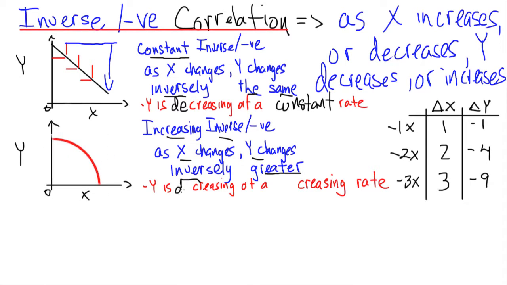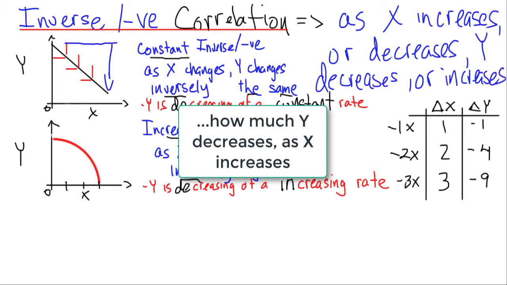Y is decreasing. That's because at all points the curve is sloping downwards, and it's decreasing at an increasing rate. How do we see this? First, mark off 3 equal sections of x. And then draw triangles to show how much y decreases every time x increases the same amount.